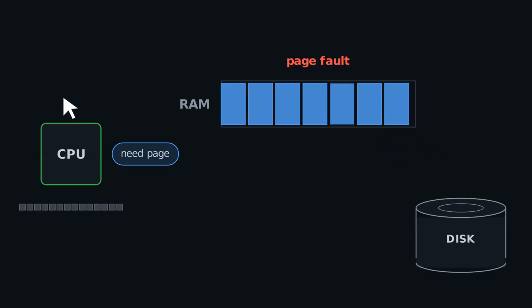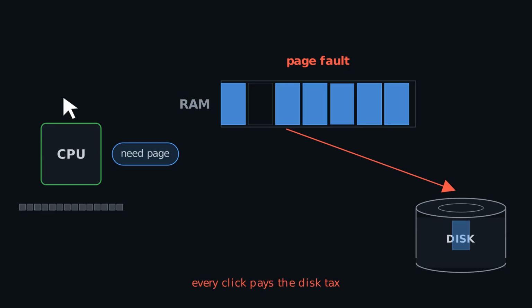That 5-minute, 3.5 day trip. And to fit it back into full RAM, the OS has to evict another page from whatever you were just doing. So the next thing you touch isn't there either, and the whole cycle repeats. Every click pays the disk tax.